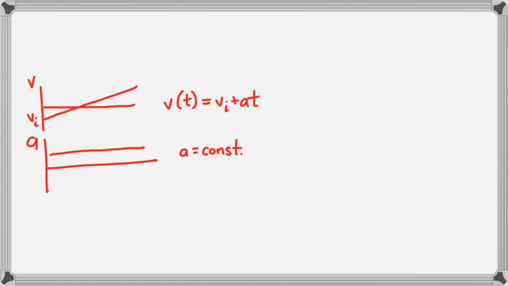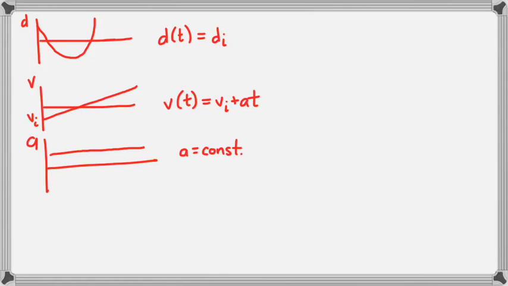And then we come up here, we have displacement, and we found out that the displacement actually makes a parabola. It might be something like this. And the formula for displacement is going to be displacement as a function of time equals some initial displacement where it started.